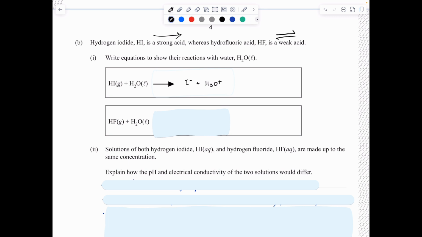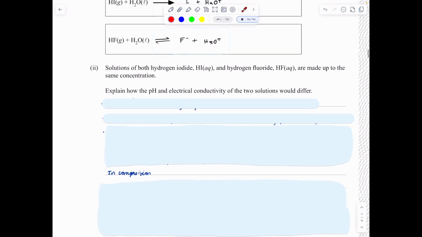An equilibrium arrow, to show that some of it is actually still remaining intact. So, if we look at the reaction, here's what we do. It's still an acid, okay? It's still going to donate its hydrogens to H2O to turn into H3O+. So, that process is still similar to the one up top, but the only thing changing is the equilibrium arrow. So well done if you got that.